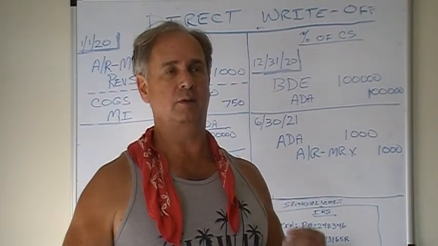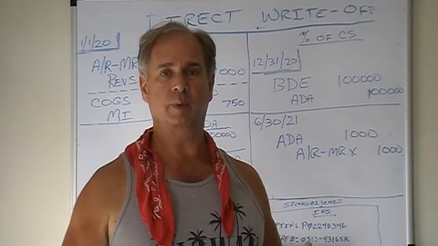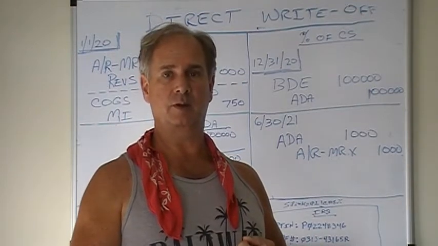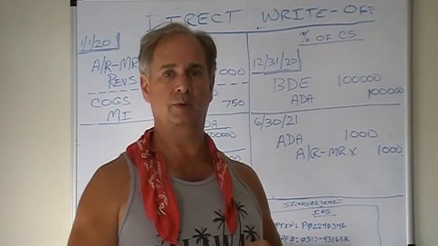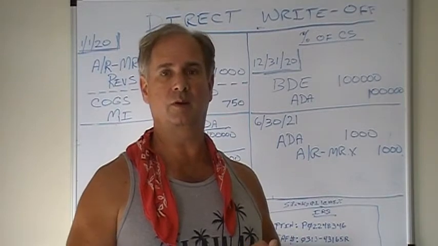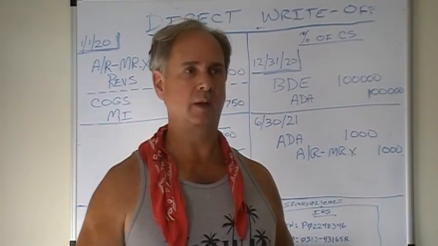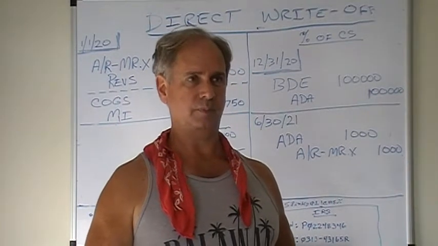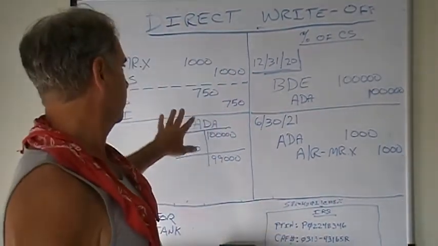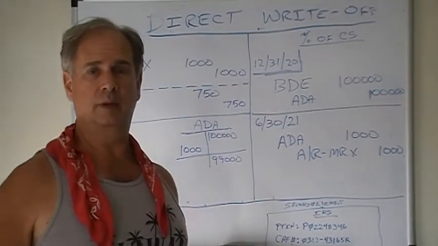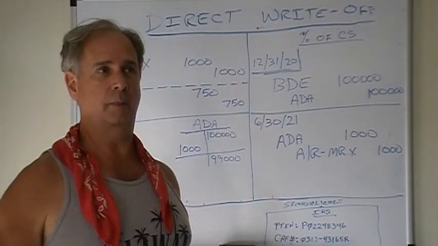So, like I said, there are three ways. They're called the allowance methods. One is based on the percentage of credit sales, the other is based on the percentage of accounts receivable, and the other is based on the percentage of aging of receivables, but we're not going to talk about that at all. So, what I did is I put up here some journal entries to help illustrate the concept.